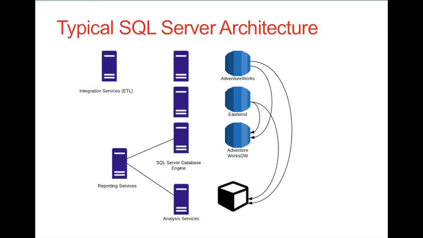Then we've got reporting services which we are using to provide reports to our end business users, allowing them to analyze and look at the information that our data is providing them with, and possibly they're making key decisions off the back of that.